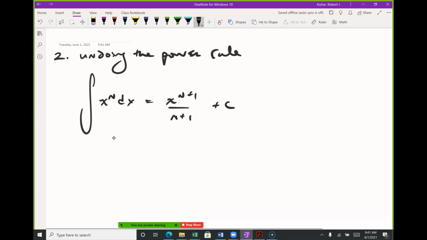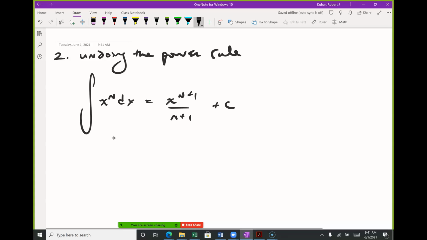So if you think about the power rule in terms of a derivative, we're bringing down the power as a coefficient, so we're multiplying by the power. When I undo that, I have to divide by something to get rid of it, and then I'm reducing the power by 1. So here I'm adding to the power, and I have to do those operations in the opposite order.